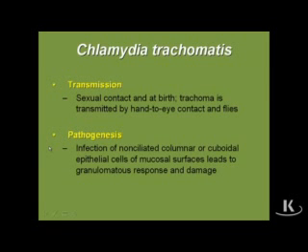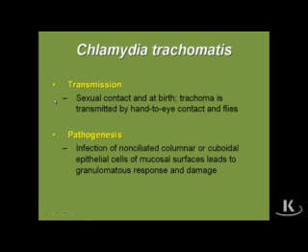What's the reservoir for Chlamydia trachomatis? It's typically a sexually transmitted disease, but can also cause eye infections as well in areas where certain serotypes of Chlamydia trachomatis are very prevalent. So as far as transmission, again, sexual contact, but as far as trachoma, which is the eye infection caused by serotypes A through C of Chlamydia trachomatis, it's from contact, hand-to-eye contact, or sometimes flies.